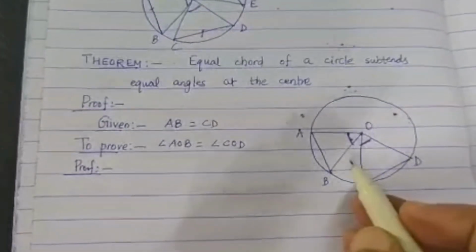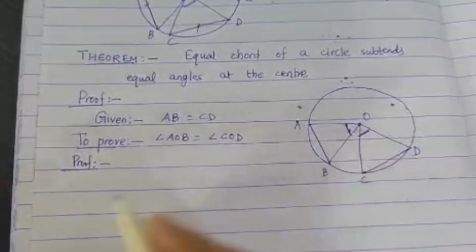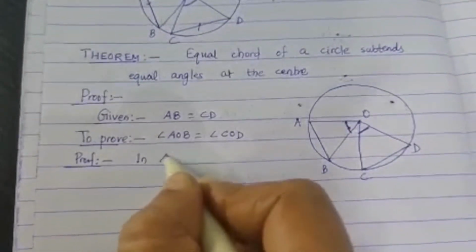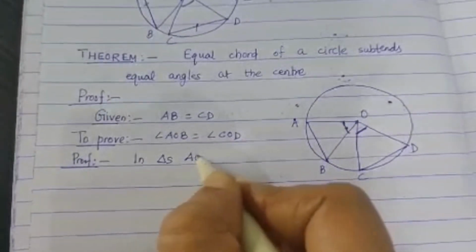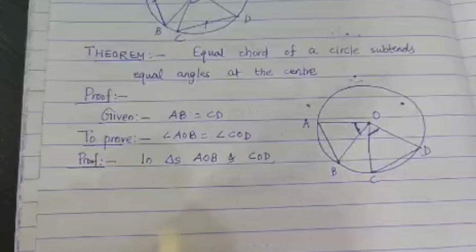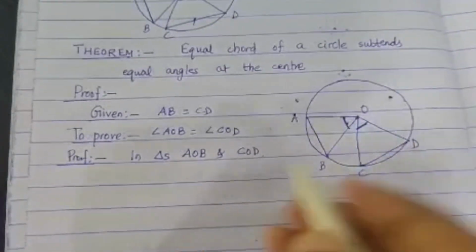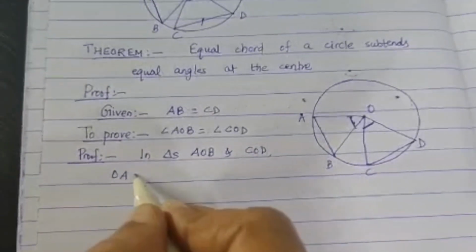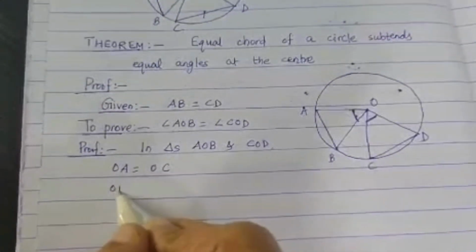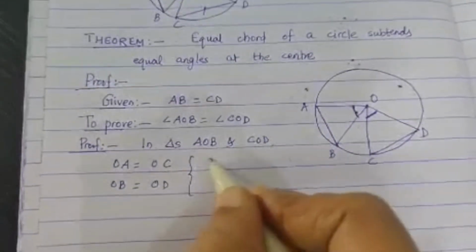We will show that these two triangles AOB and COD are congruent. So let us take two triangles, in triangles AOB and COD. These are all the radii of the circle: OA, OB, OC and OD. So OA equal to OC, and OB equal to OD. These are the radii of the circle.